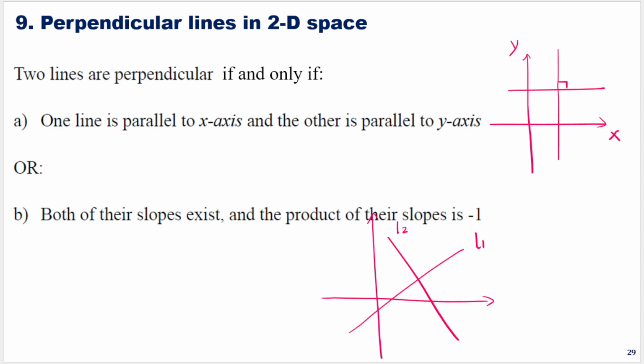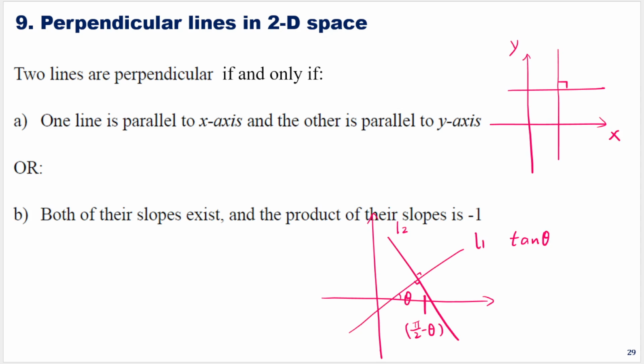Again, here I'll just give you an intuitive explanation. Try to prove this by yourself after class, okay? So first of all, two lines are perpendicular. That means this angle here must be 90 degrees, right? So if we call this angle here theta, then this angle here is half pi minus theta, right? Therefore, for line 1, the slope is tangent theta.